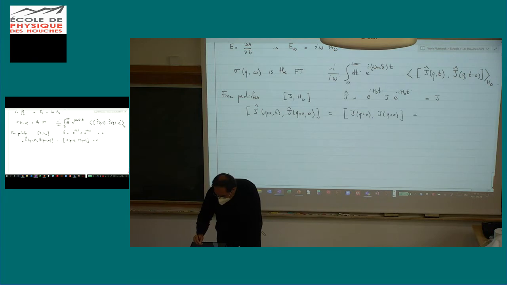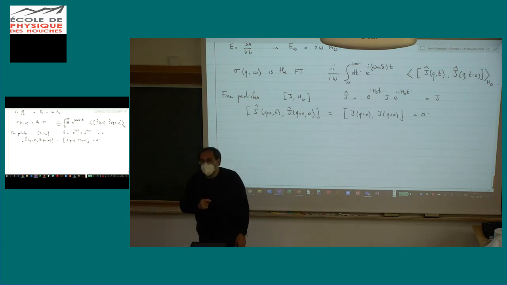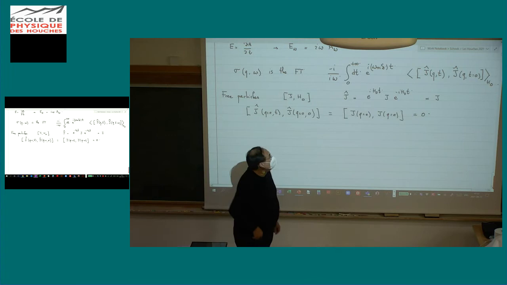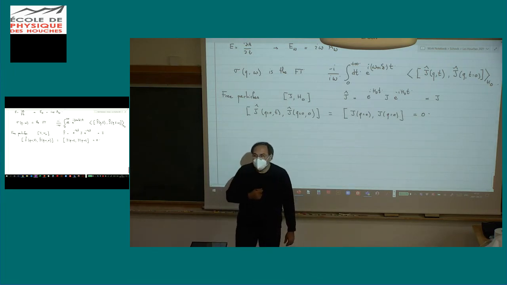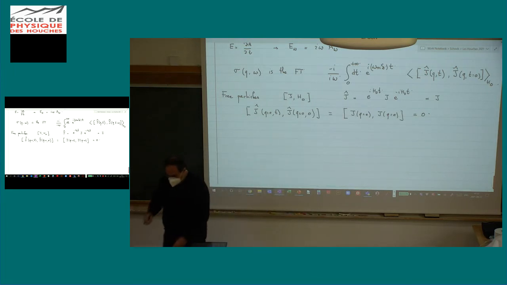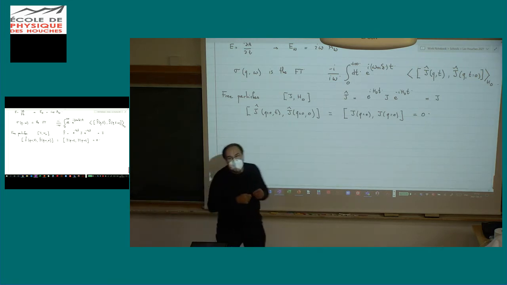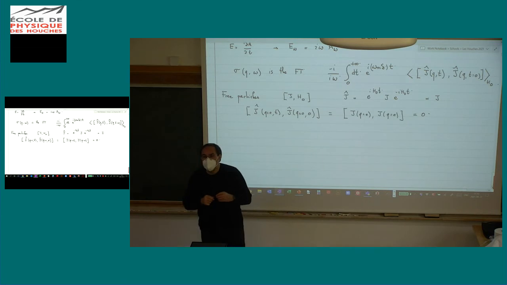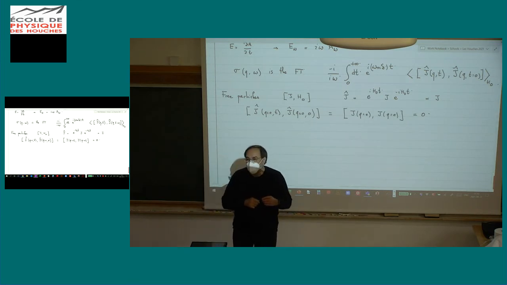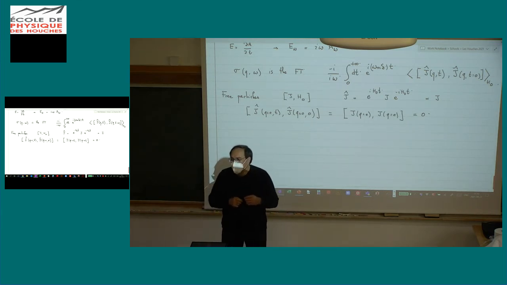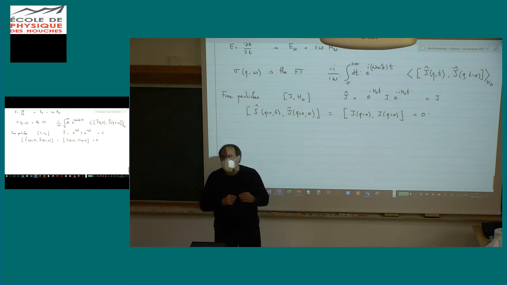So this is 0. So my conductivity is 0. So instead of finding infinity, I find that it's 0. I have free particles and they don't conduct, which is a little bit annoying. So where is the catch?